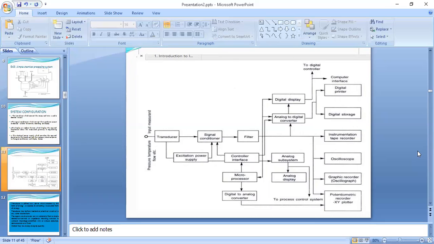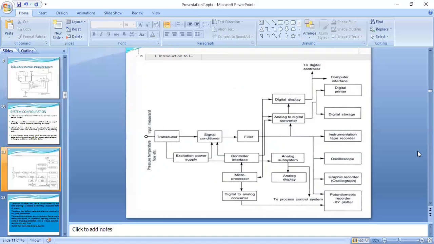It moves to the transducer, then it will indicate some analog subsystems. The analog subsystem goes to the process control system, then it will move to the digital storage or digital printer.